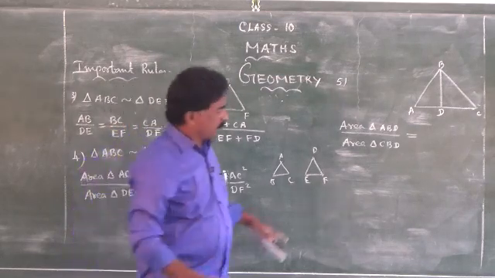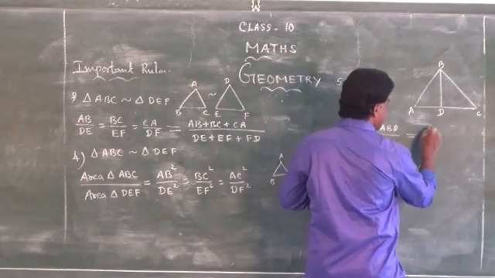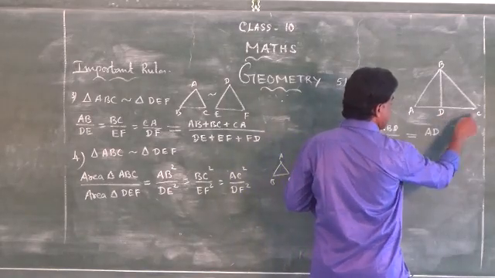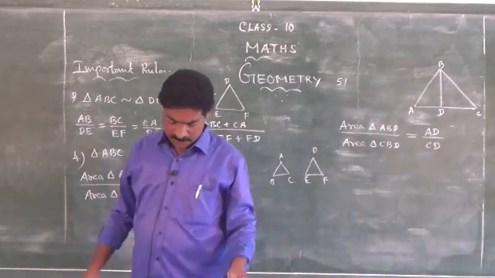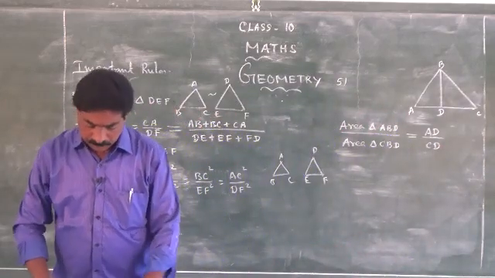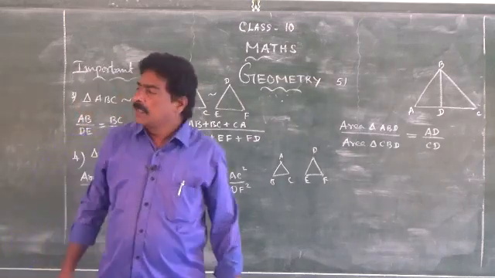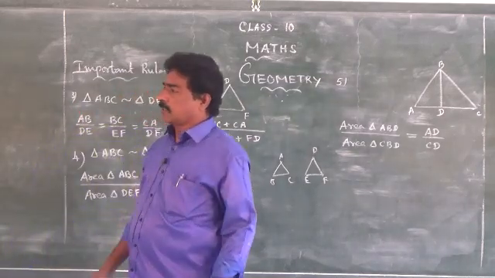Here the base is AD, and here the base is CD. So these are some points before we start our problem.